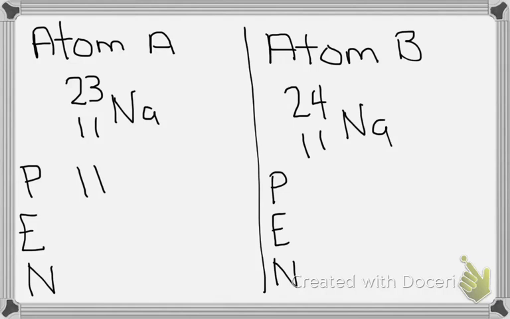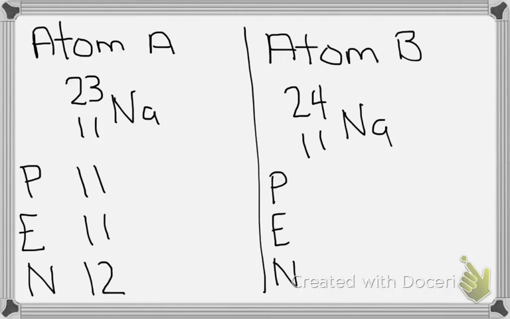Electrons are also going to be found by looking at the atomic number in this case, so atom A also has 11 electrons. To determine the number of neutrons, we're going to take the atomic mass, which is rounded, and it's the top number, so 23, minus the number of protons, which is 11, and that's going to give us 12 neutrons.